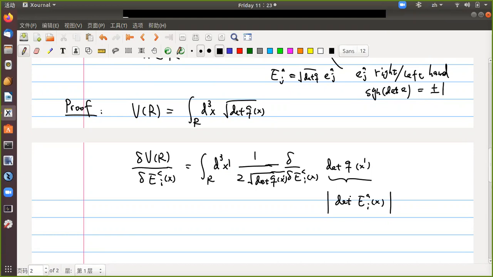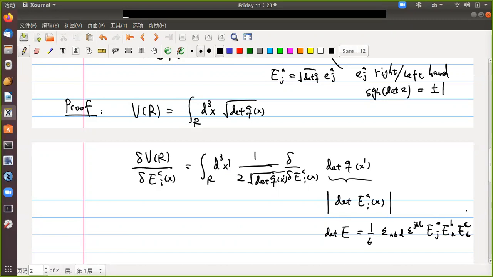So they are equal if you put an absolute value. Here the determinant E is 1/6 epsilon_ABC epsilon^JKL E^A_J E^B_K E^C_L.